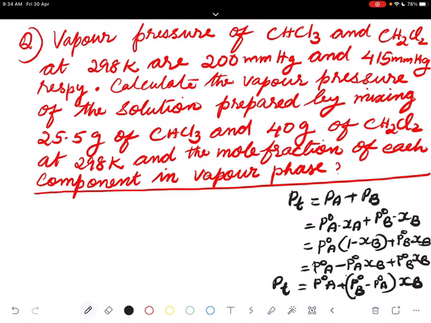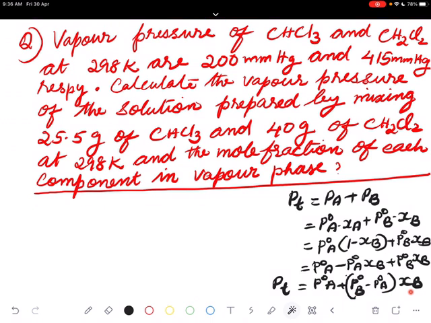Once again, P total is written in terms of the pure component vapor pressures into XB, only one mole fraction, the mole fraction of the solute. In this you won't find XA, so you have to find out only this XB. This is given, this is given, this is also given, because these two things are the same.